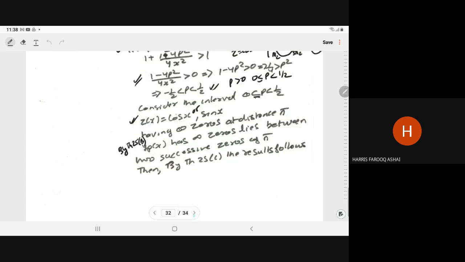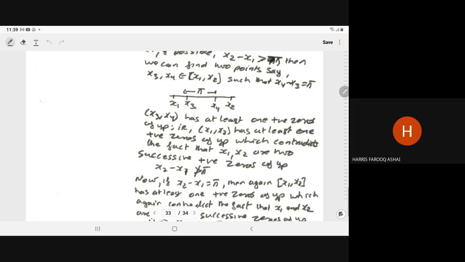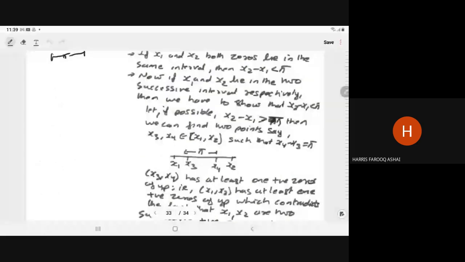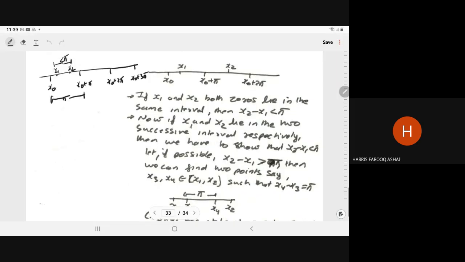It is possible because theorem 25c gives us at least one zero, so we can have more zeros in the length of pi. If both zeros are in the gap of pi, then naturally their difference will be less than pi.